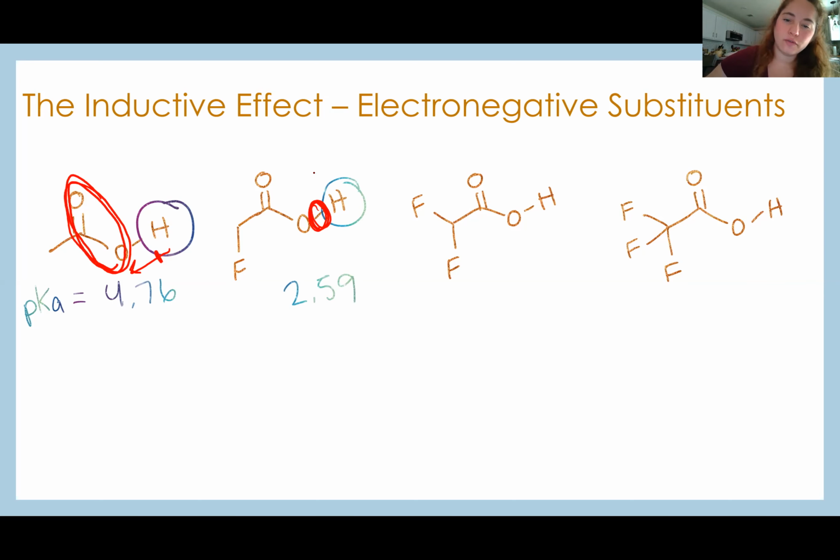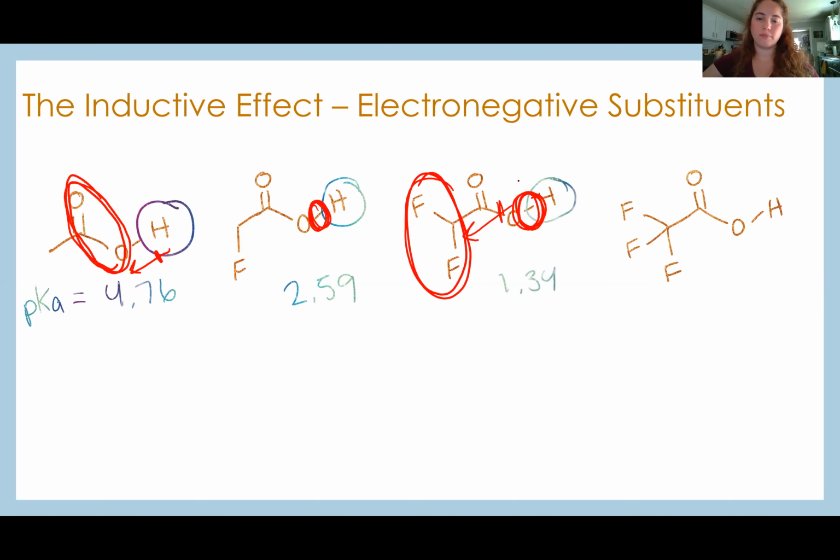So then if we have 2 fluorines, which are more electronegative than 2 oxygens, we have kind of started to flip this dipole. The electron density is going to be more focused on this end. So we've even further weakened this bond. So we're going to become even more acidic. Our pKa is 1.34. And then by the time you get to trifluoroacetic acid, which is often called TFA, a very common acid in some organic syntheses, your pKa ends up being 0.23.